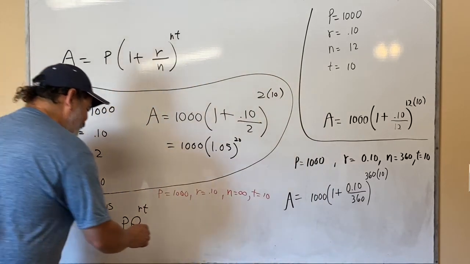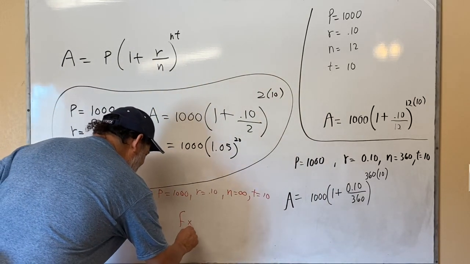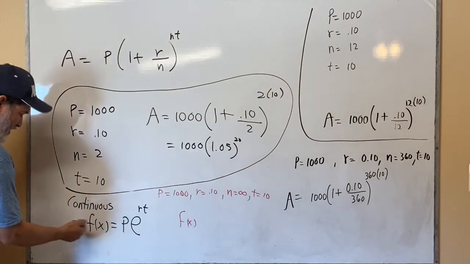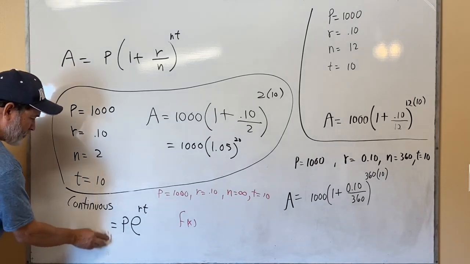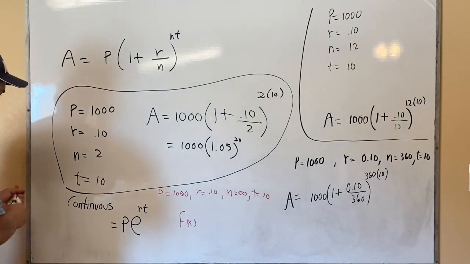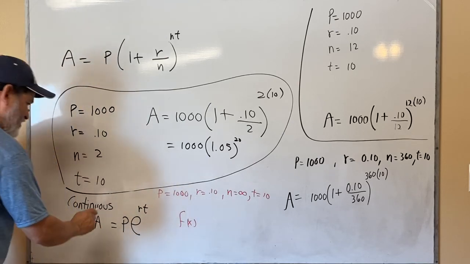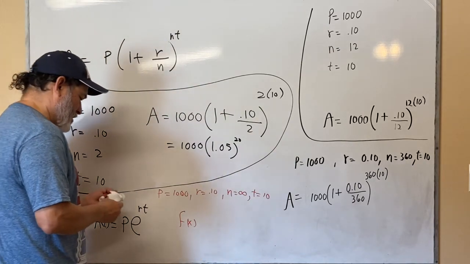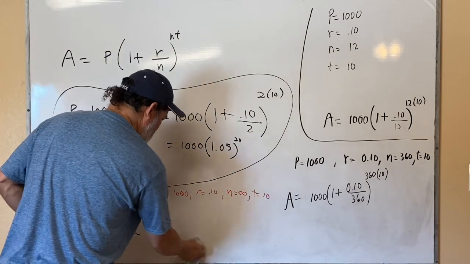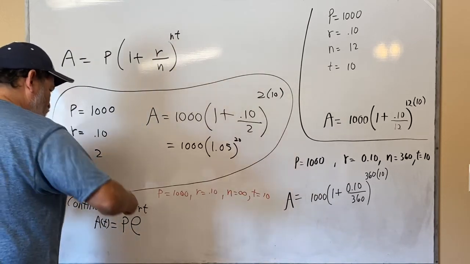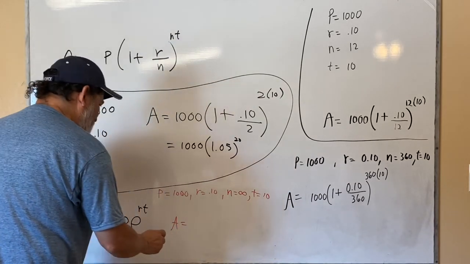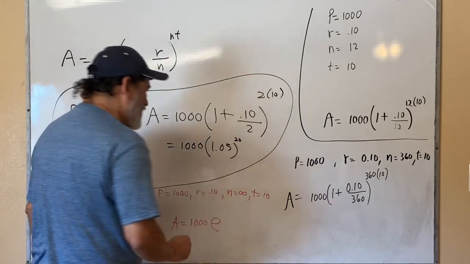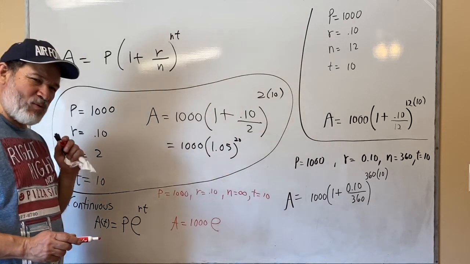Okay, look. Actually, I call it f of x, but it should be amount, okay? Amount with respect to time. So amount equals the principal, which is 1,000, times E, and E is 2.71.